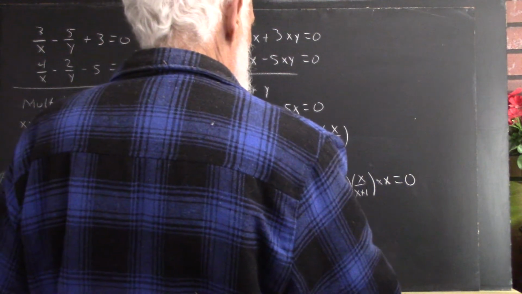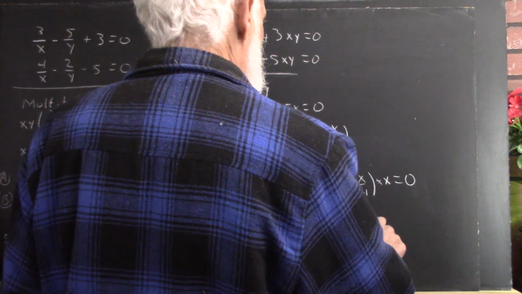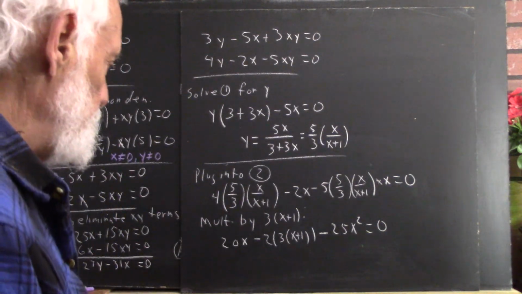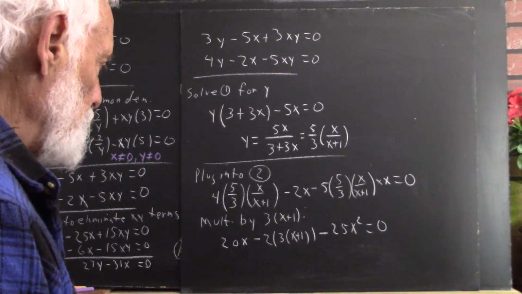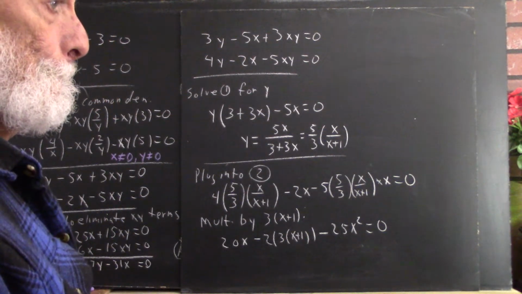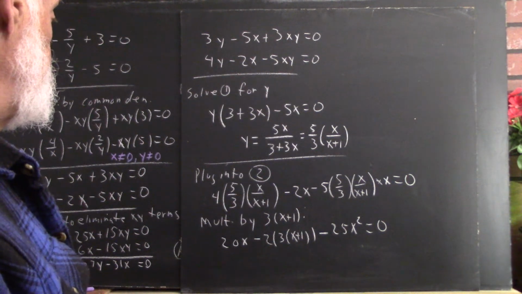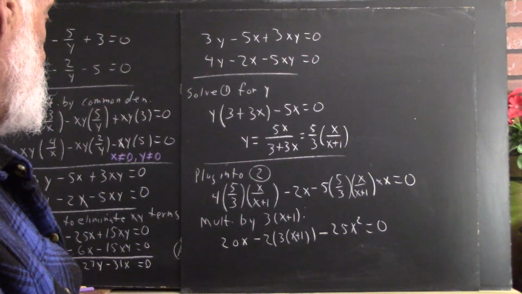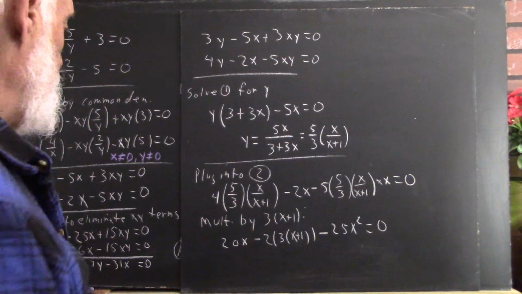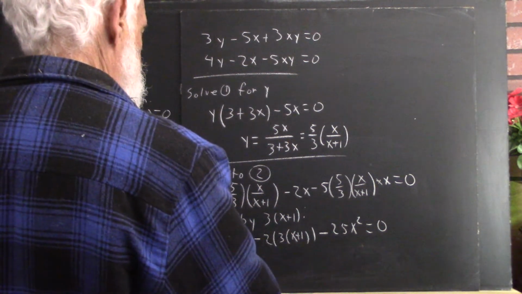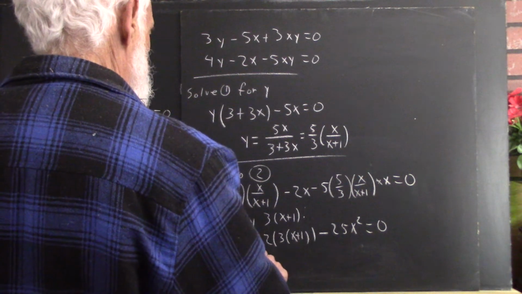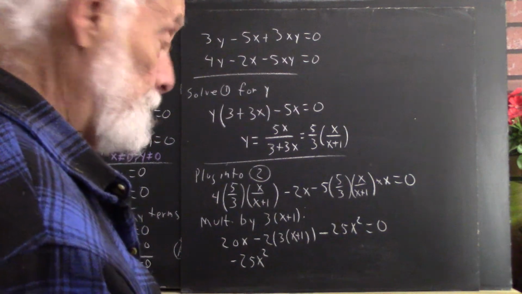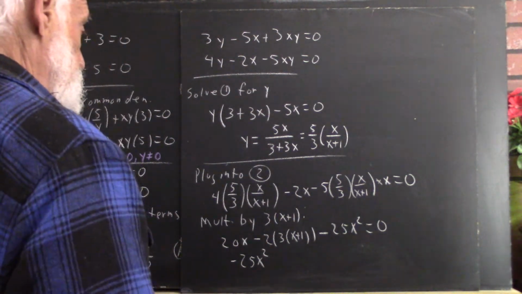We're going to get 25x squared. And that's going to be equal to 0. So we get negative 25x squared.